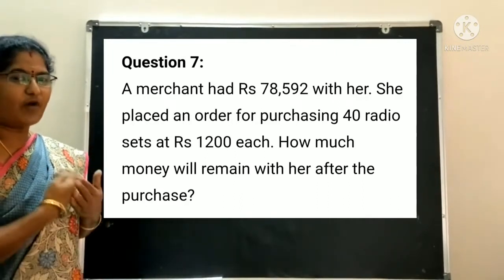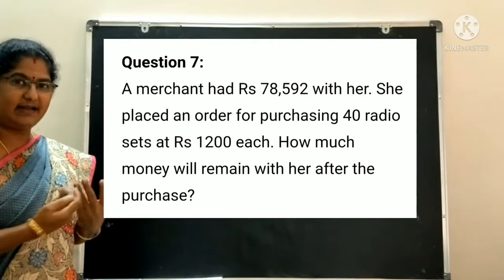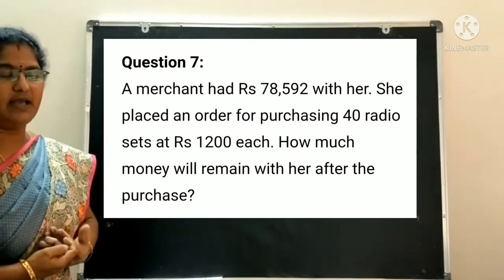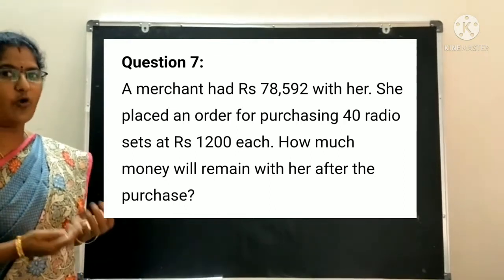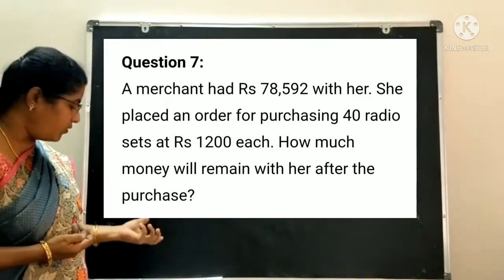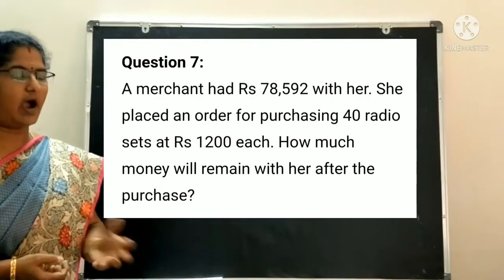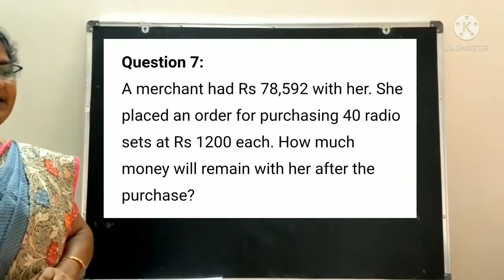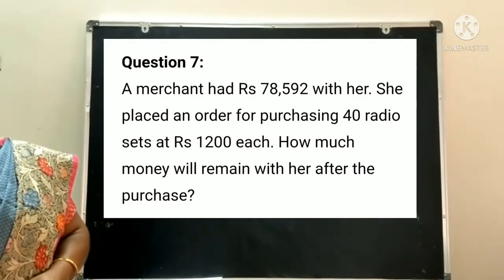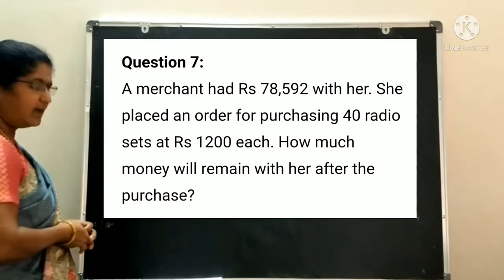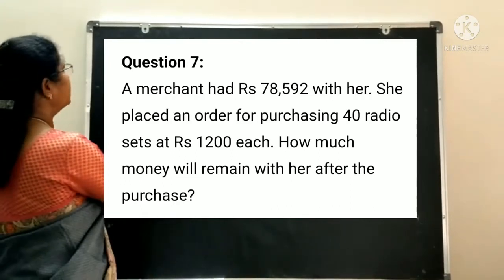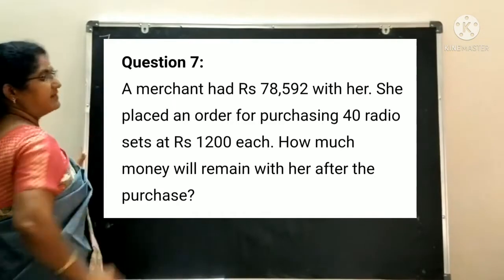Now, how much does she have left over, the remaining amount? After spending, how much does she have? So, from the amount she has, subtract the amount she spent for 40 radio sets. We get the answer. Okay, let's see the steps. Question number 7.